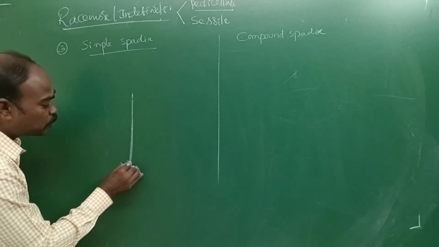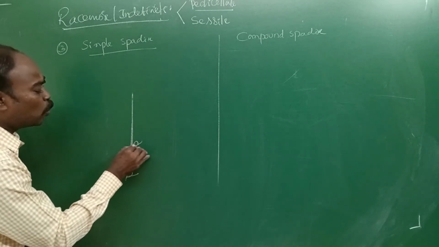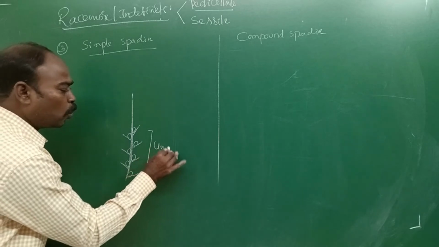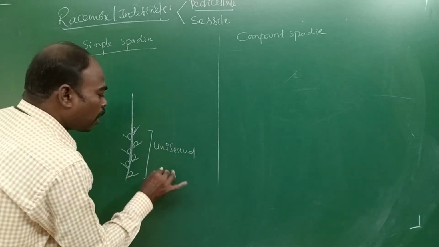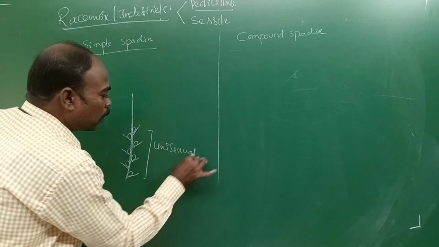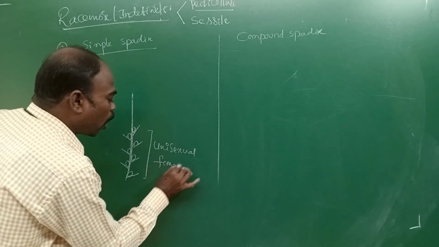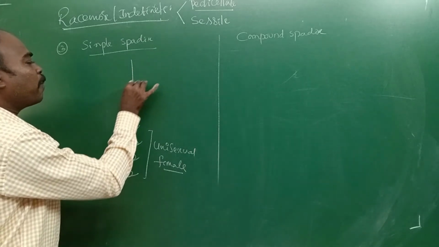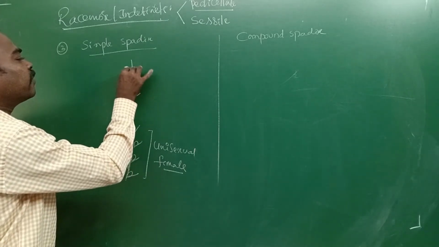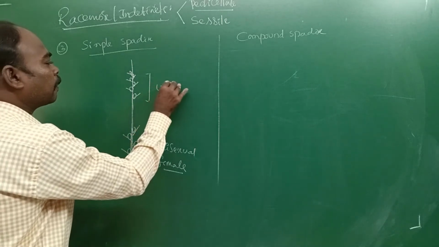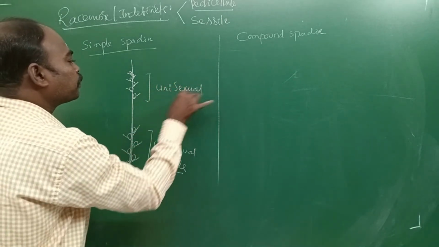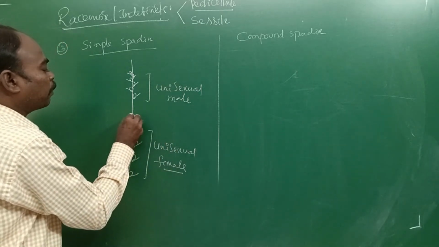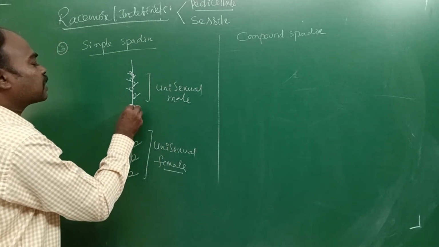Sessile flowers are developed, but flowers are unisexual. How? Female flowers are borne at the base. Unisexual male flowers develop at the tips. At the middle, neutral flowers are developed.